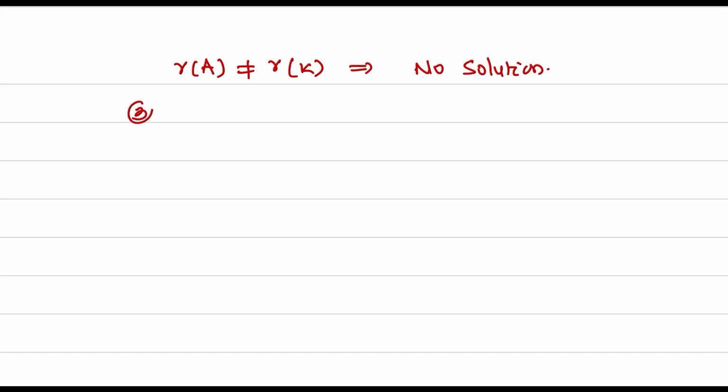Now the third case, infinitely many solutions. For infinitely many solutions, the system should be consistent, but the rank is less than the number of variables.